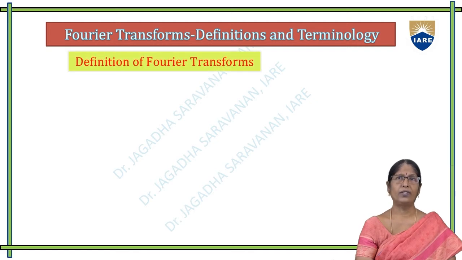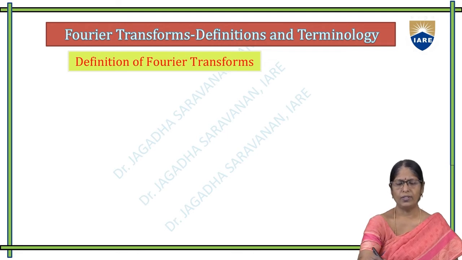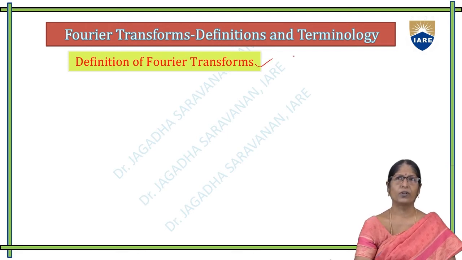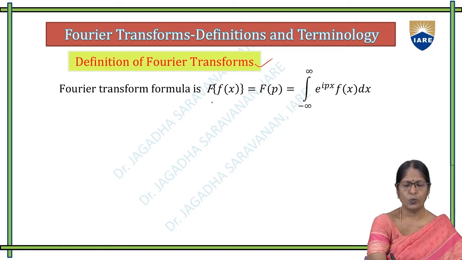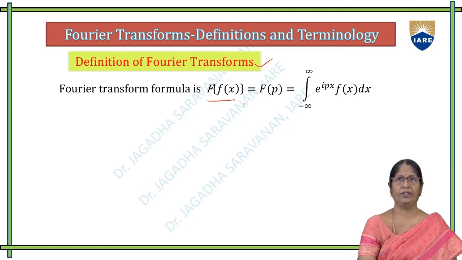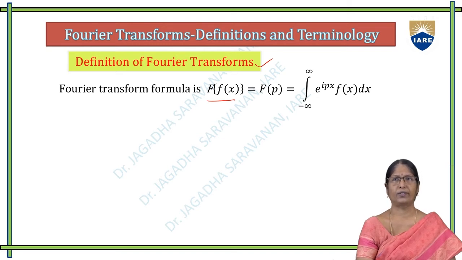So now, the definition of Fourier transforms. This Fourier transform is derived from our Fourier integral. Now, straight we will go to the defined formula of Fourier transform, which is written mathematically, capital F of x.